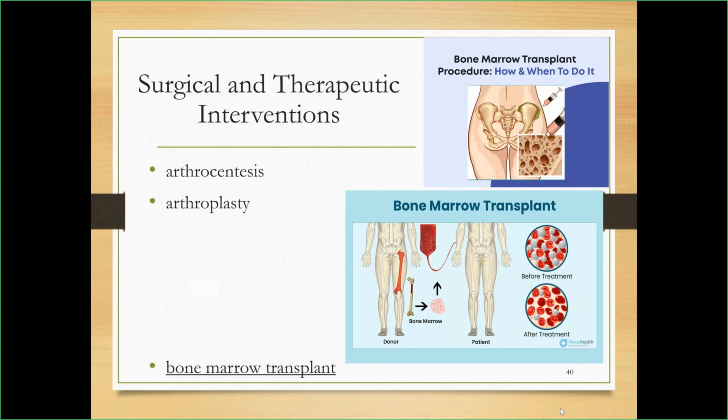Cancer treatment often induces myelosuppression, which is suppression of the creation of blood cells and platelets by the bone marrow. Bone marrow transplants are used to stimulate the production of normal blood.